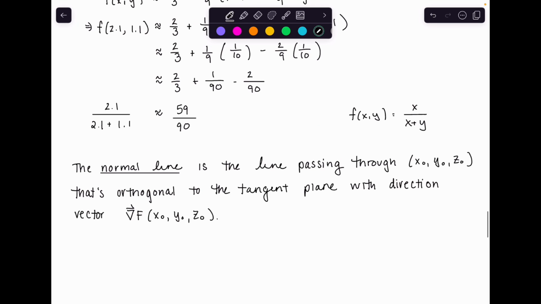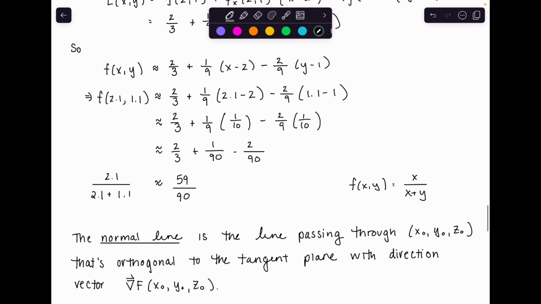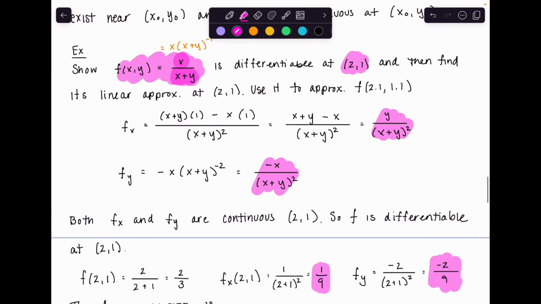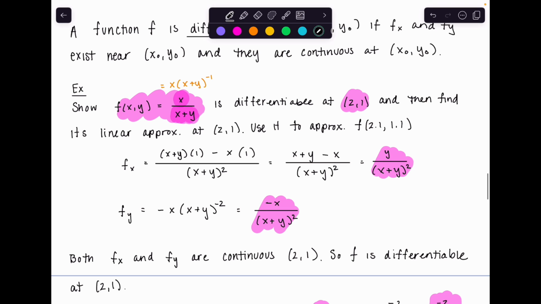So to use this last example as a quick input, this would be the x and y component of that gradient vector. And what you would need to do to find the z component is exactly what I showed you before. z is equal to x over (x plus y).